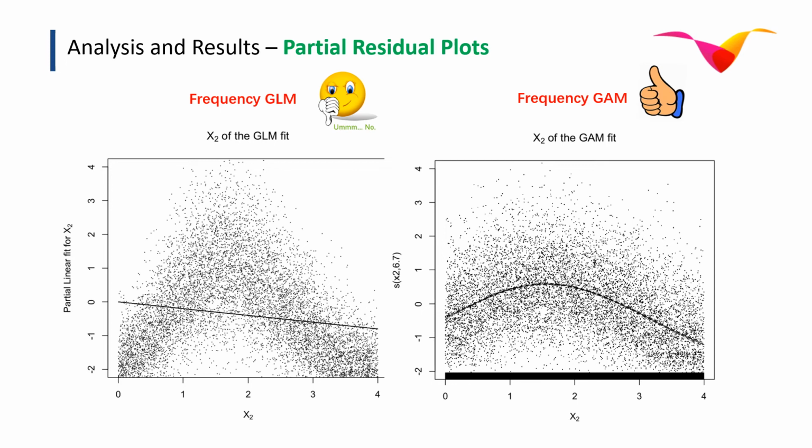They show the relationship between each predictor and the response variable given that the other predictors are in the model. As shown in the plots, the GAM fitting of x2 is more evenly scattered around the curve to which it relates, and it more correctly captures the true trend of x2.